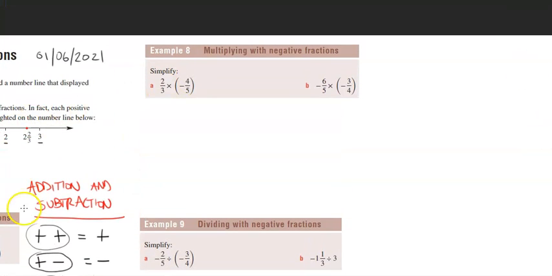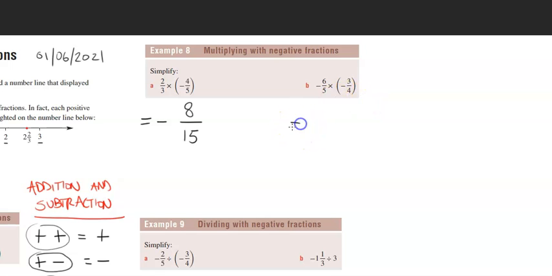So regardless of what the numbers end up being, this will be a negative answer. 2 times 4 gives us 8, and 3 times 5 gives us 15. Because remember, when you multiply fractions, it's always numerator multiplied by numerator, and denominator multiplied by denominator. Fairly nice and simple. This can't be simplified any further, so that's our final answer.